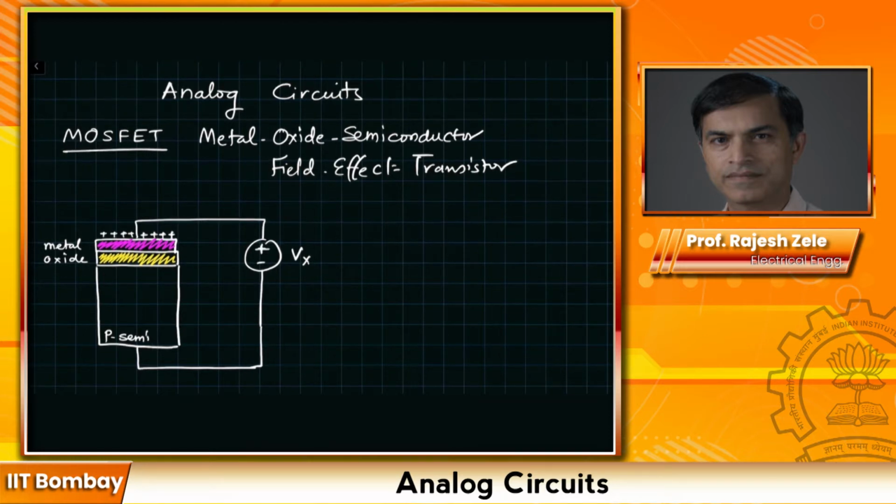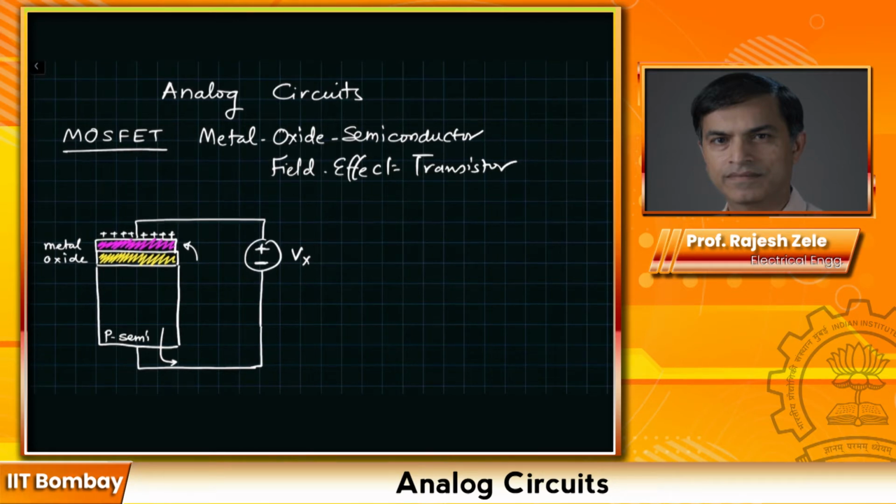Since we are applying a negative potential to the P-type of semiconductor, all the holes which are positively charged will repel away from this interface just below the oxide region, and the holes will start going towards this negative terminal. In other words, you can understand that the free electrons coming from the battery will enter the P-type of semiconductor and they will fill in all the hole region.